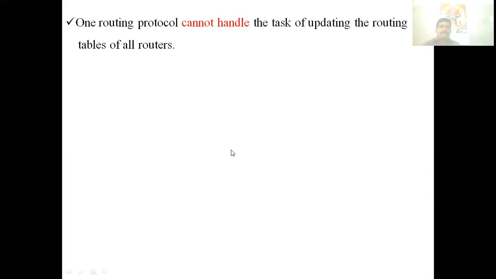One routing protocol cannot handle the task of updating the routing tables of all routers, so sometimes we will be using one more routing protocol for routing and updating.